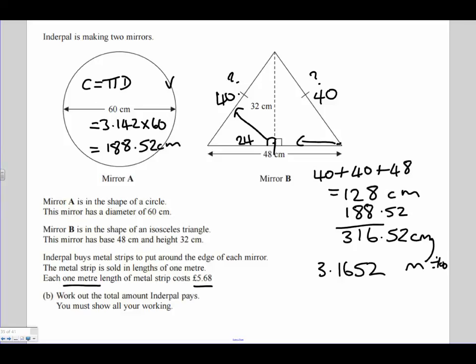Because the metal strip is only sold in 1 meter lengths, if we buy 3 meters, we won't have enough to go around the mirrors. So we need to go up to the next whole number, which is 4 meters. And at £5.68 gives us £22.72 as the cost. So the amount Indapal pays would be £22.72.